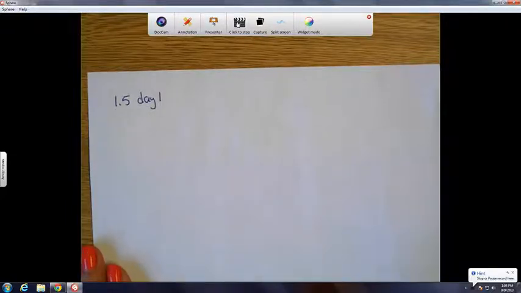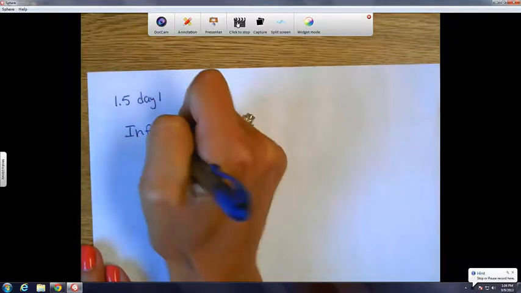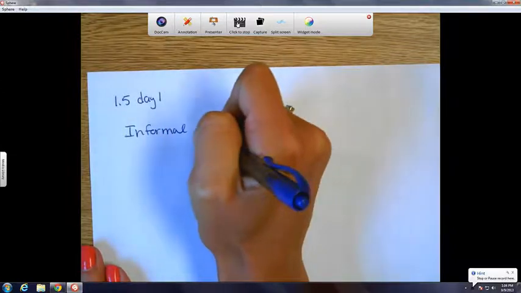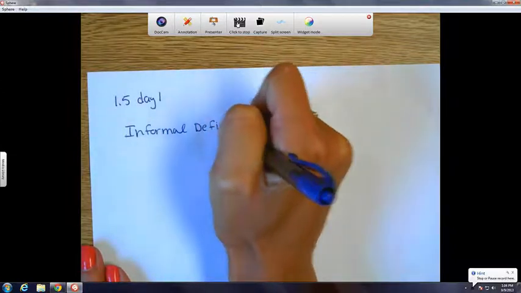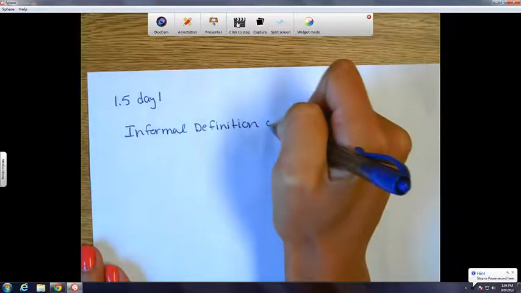limits. So we'll go with the informal definition of limit.